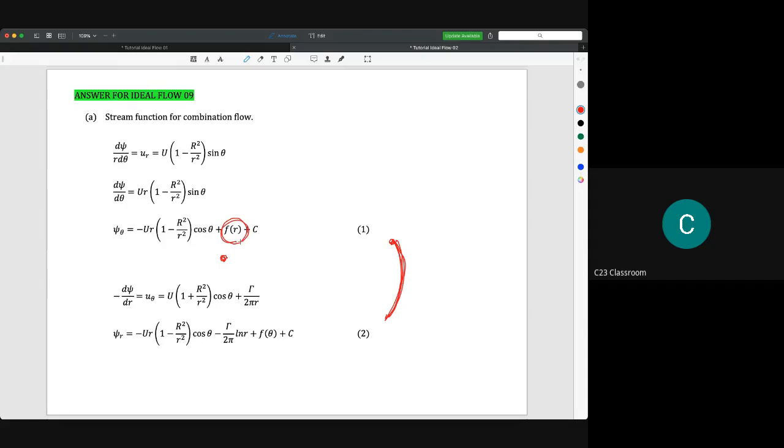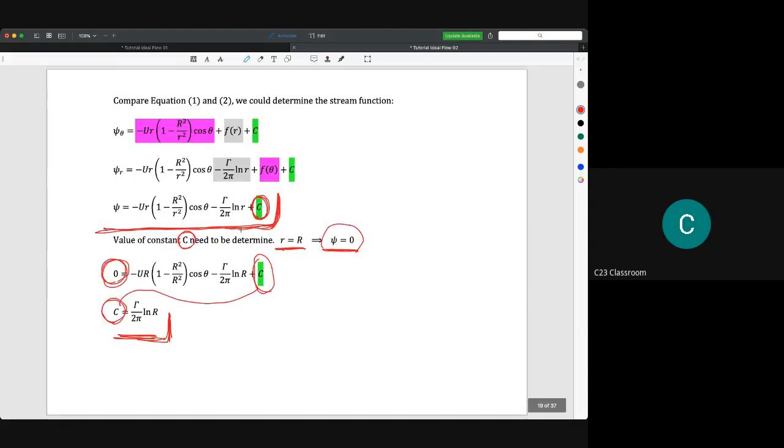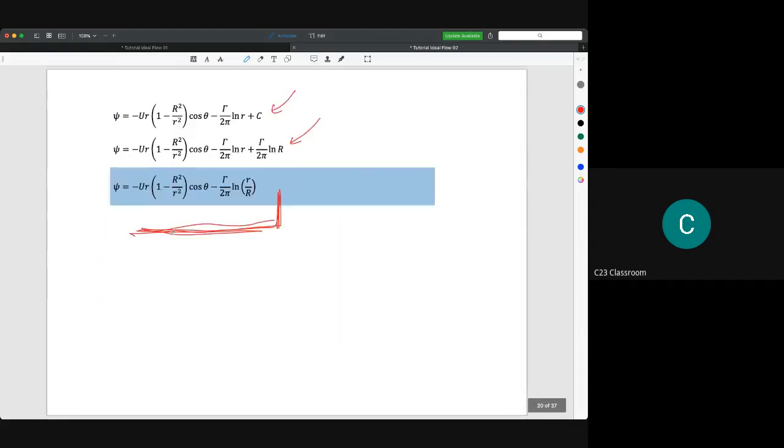So you may have this term immediately. This is the final term that you have. So you need to be very careful when choosing your method here. This is the stream function for this situation.